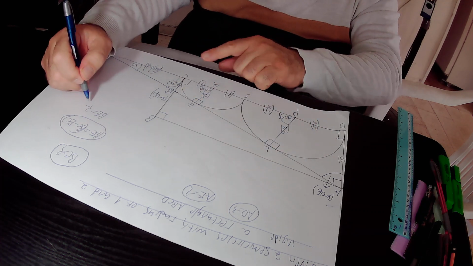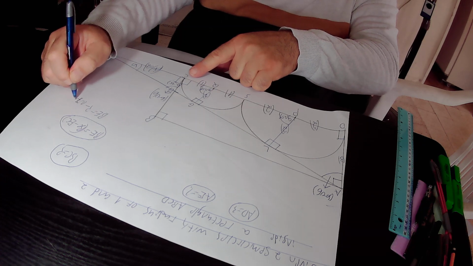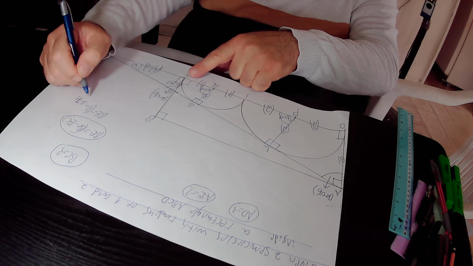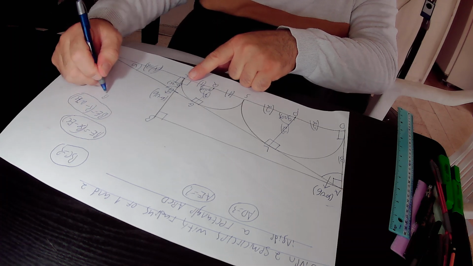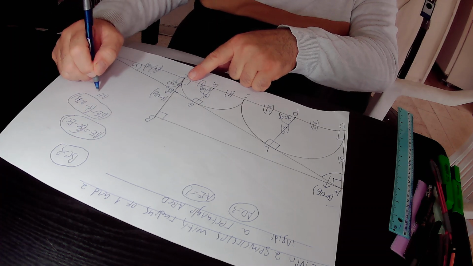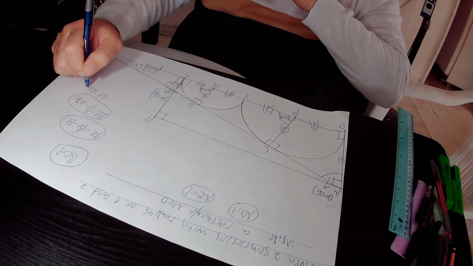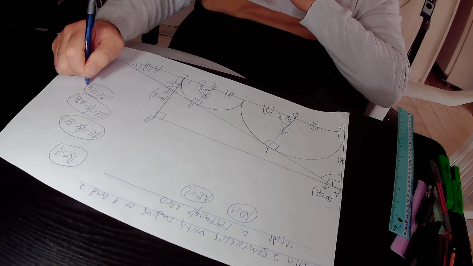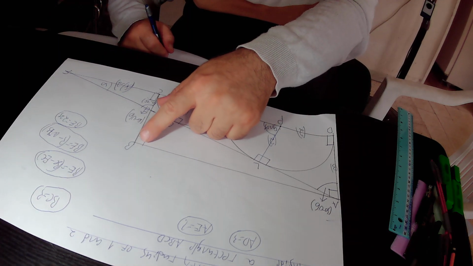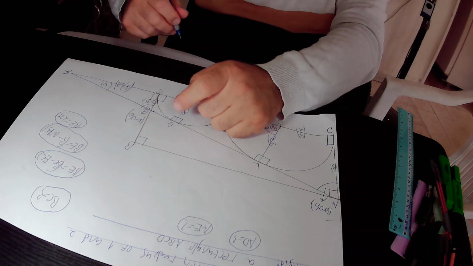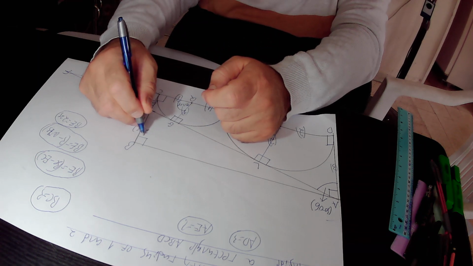BC is 3 minus EC. EC is 0.75. So in total, BE equals 3 minus 0.75. That is 2.25. In conclusion, we have found out that the length of this line segment BE equals 2.25 units.